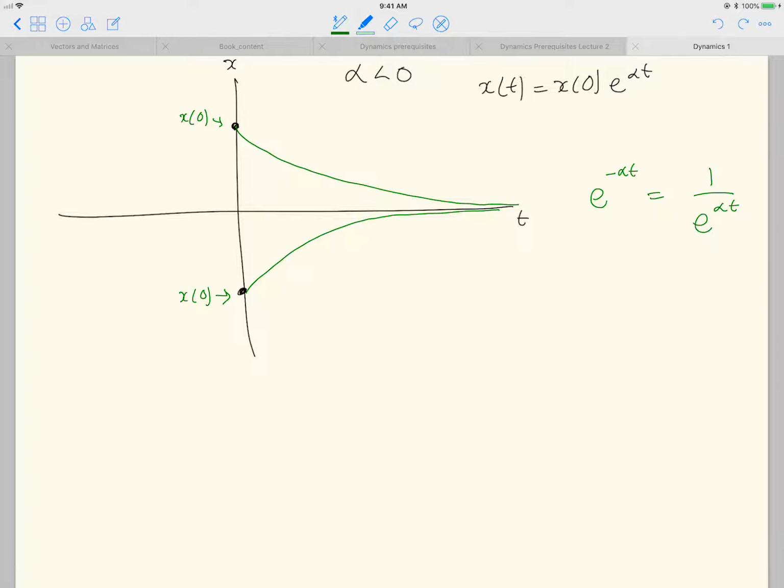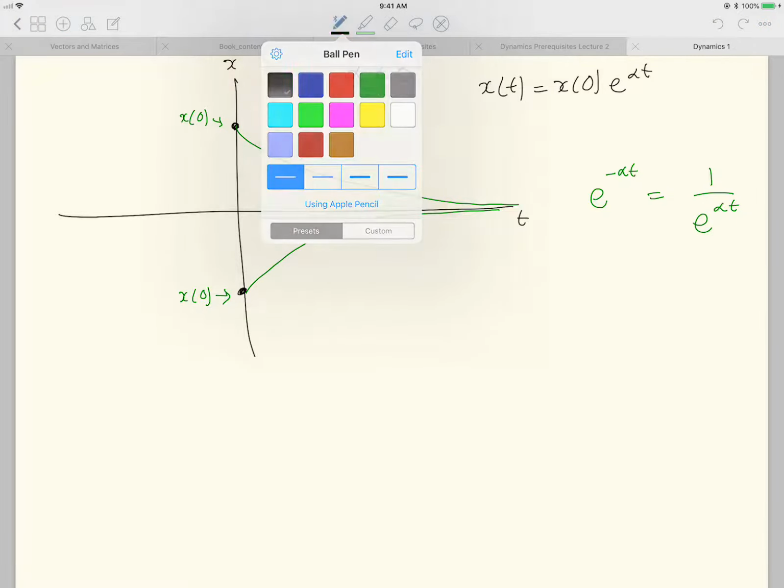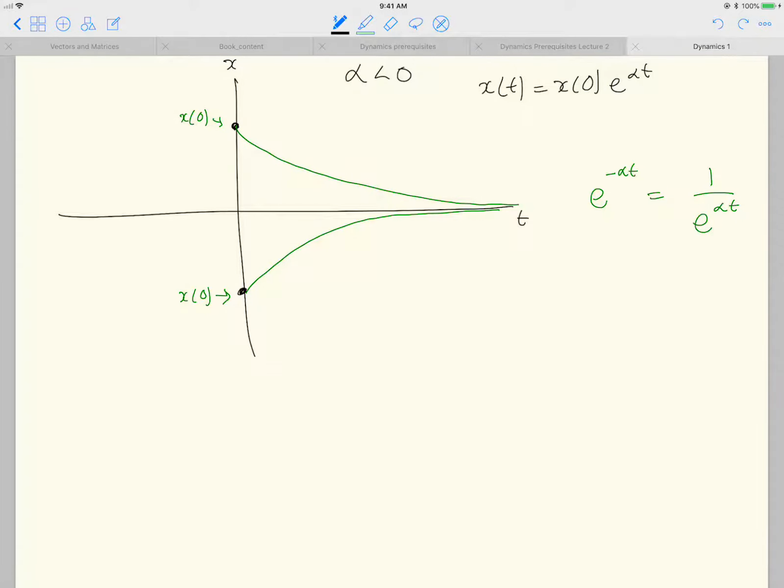And where those two flavors appear and disappear as you change parameters, those have huge effects on the properties of your system. So these two cases, alpha bigger than 0 and alpha less than 0, are really important to be aware of and understand, in terms of what we've been showing right now.